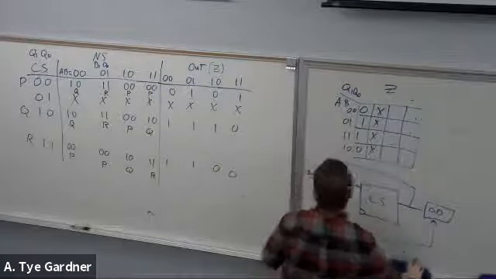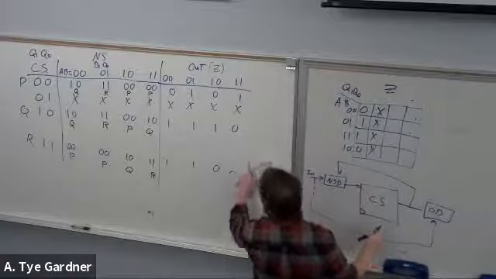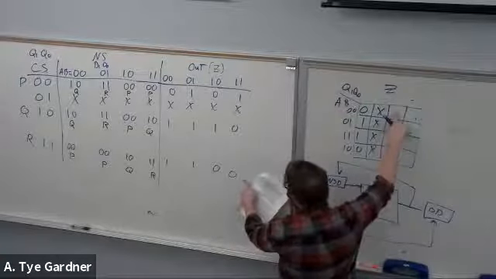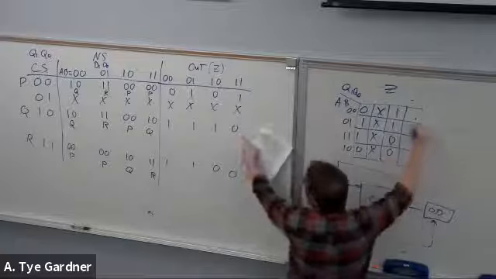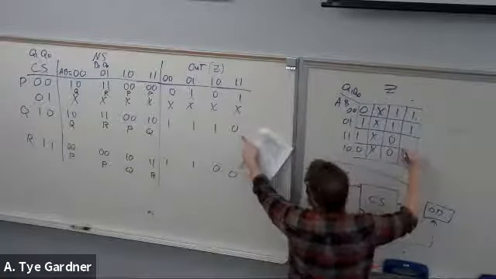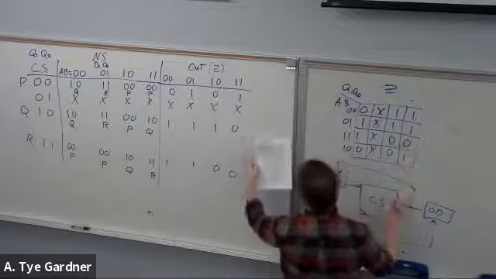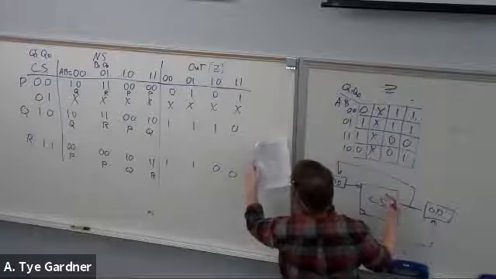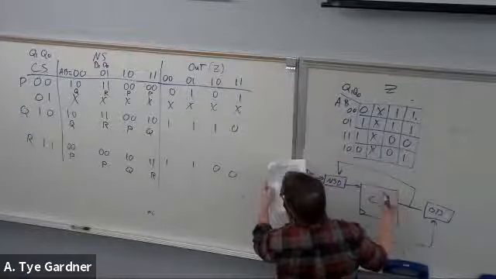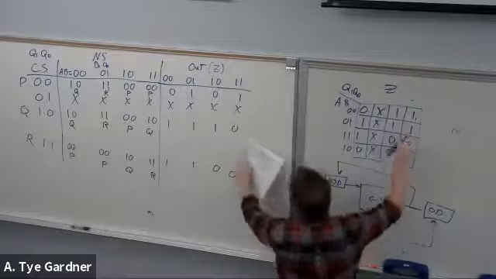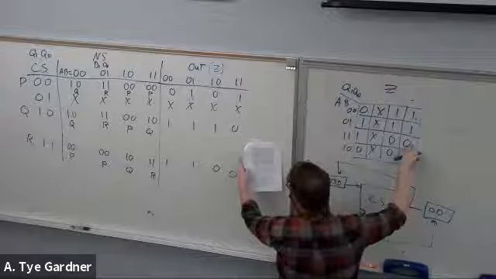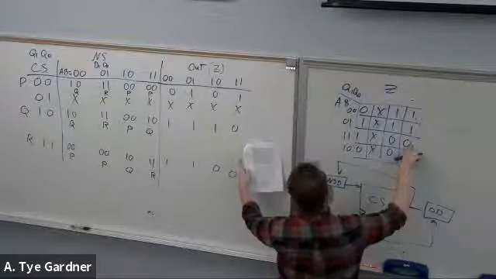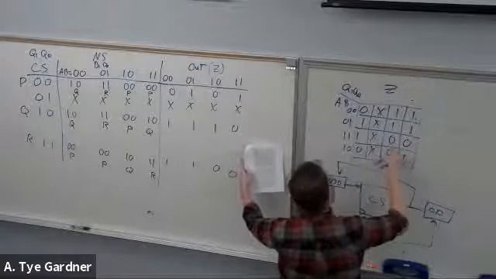Yes. All right. So 1, 1 is this one, 1, 1, 0, 0, and then this one is 1, 1, 1, 0. Wait a minute. 1, 1. Make sure this is all right now.